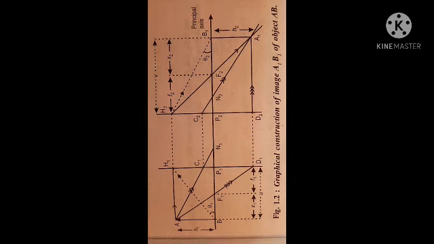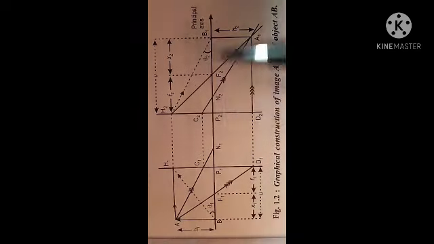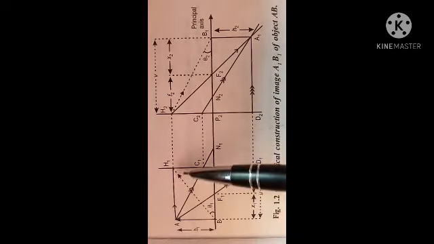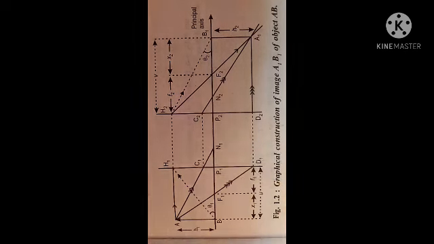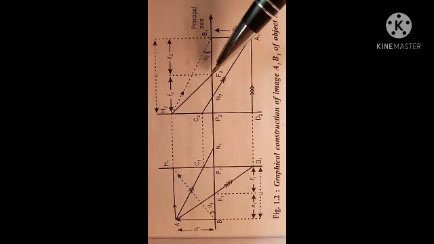Now the graphical construction of image A1 B1 of the object can be explained. Consider the first ray from point A parallel to the principal axis, incident on the first principal plane H1 P1 at point H1, and therefore its conjugate ray arises from the second principal plane as H2 F2 A1.